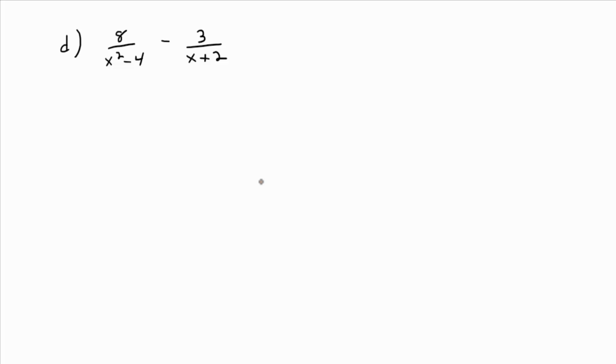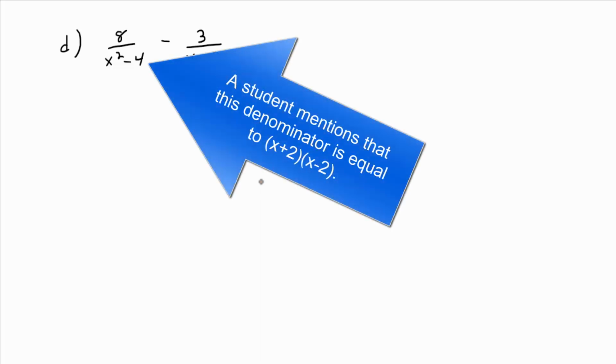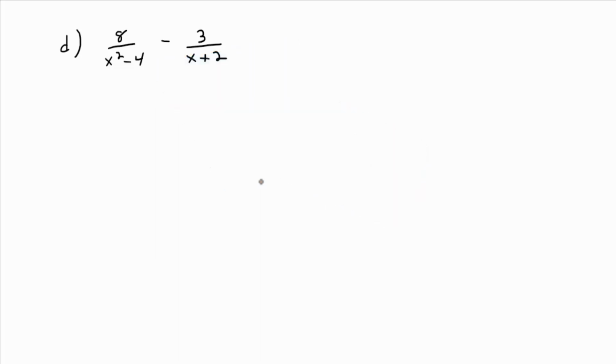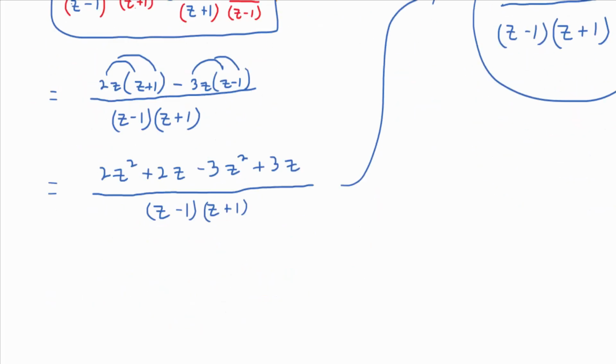What do you notice about the denominator in the first term, 8 divided by x squared minus 4? Put more generally, x squared minus 4 factors. Look, in all the other examples, the denominators, you couldn't factor any more than they already were, right?